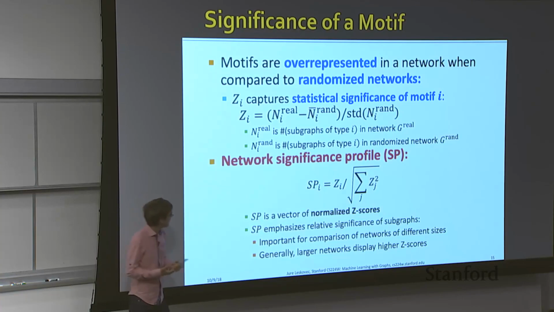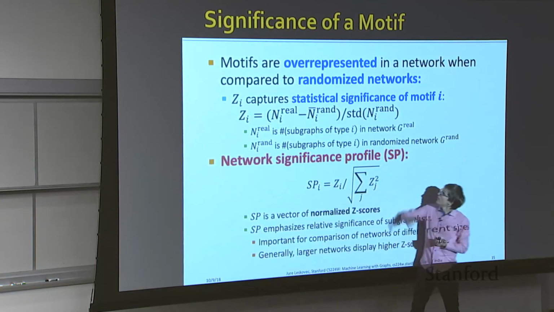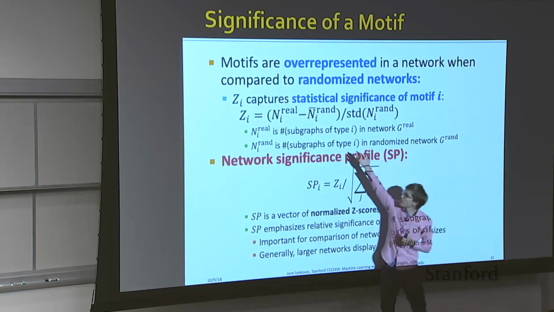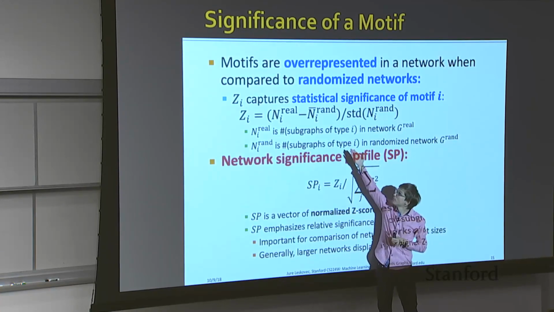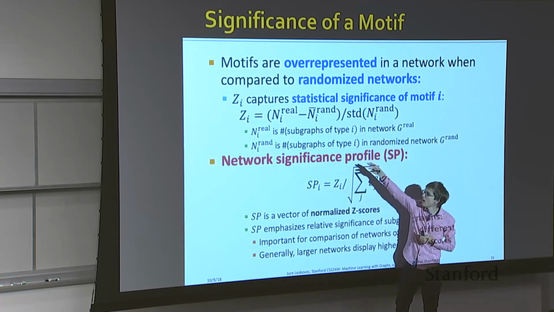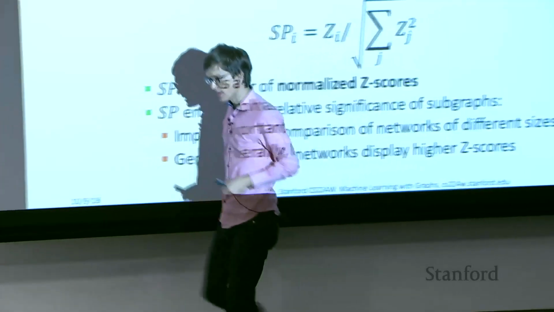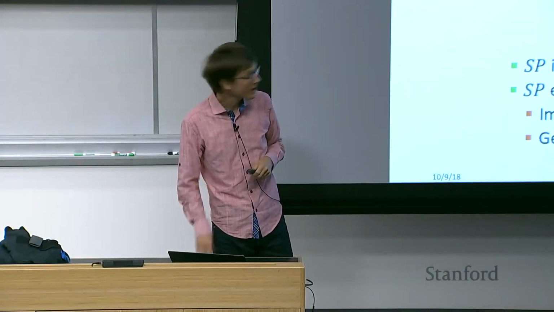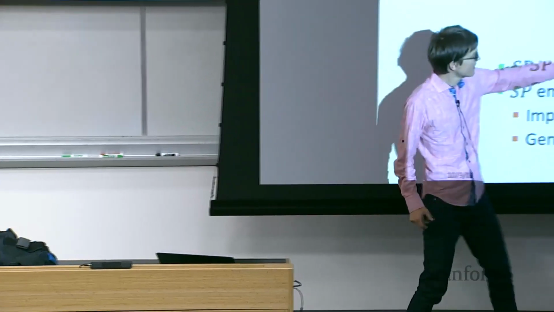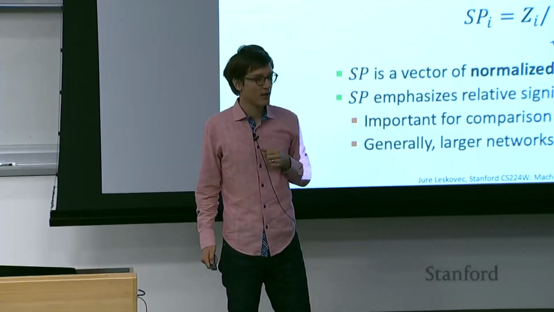Once we have the null model, we can generate multiple instances of the random graph, compute the number of occurrences of our subgraph i in the random graph, compute the average, compute the standard deviation, and we get the z-score. Then we just normalize the z-scores, and here is our profile. What I will tell you next is how we generate that random graph.